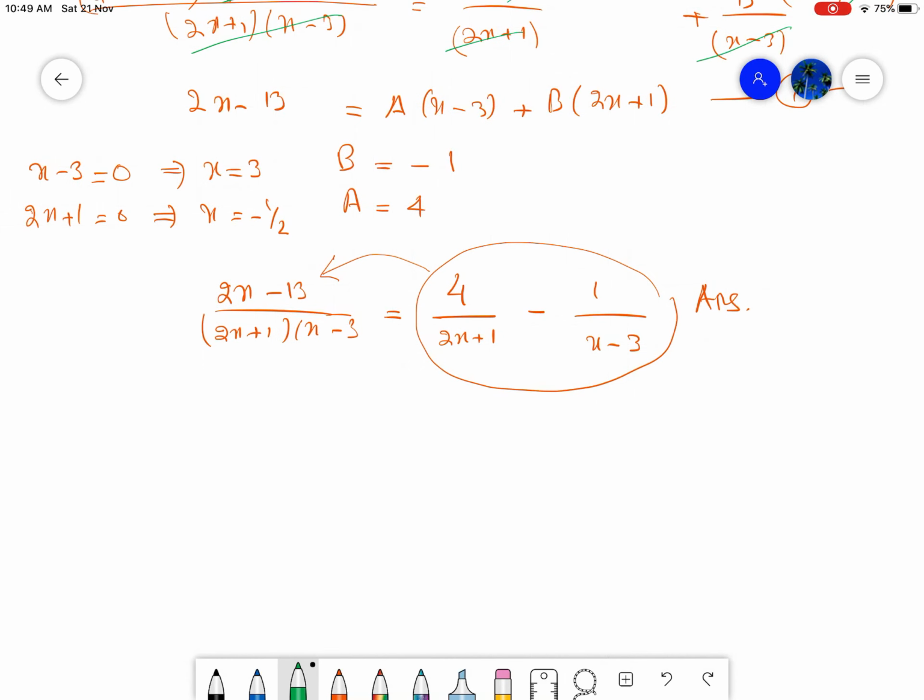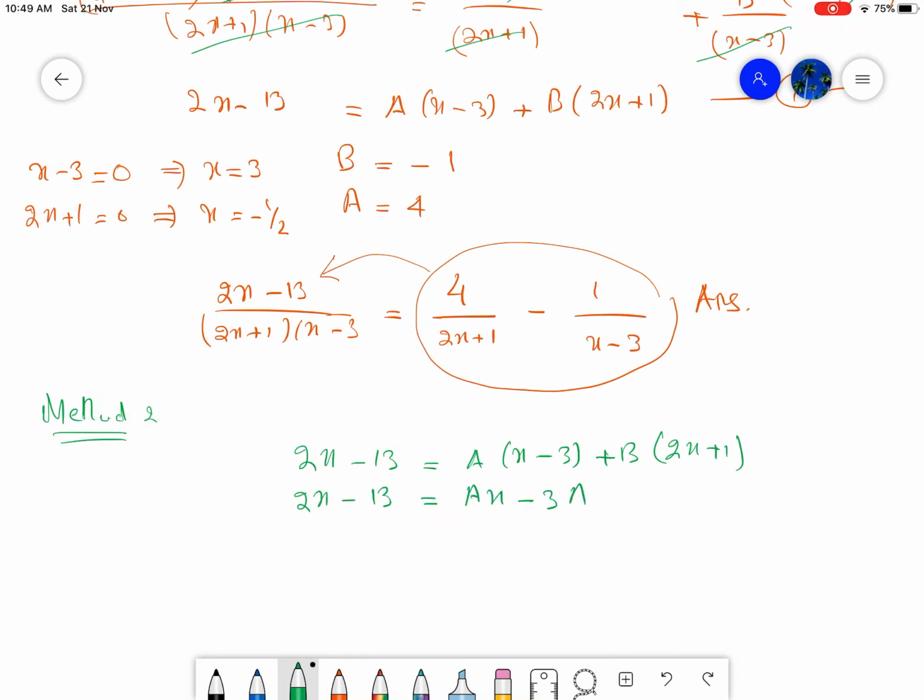Looking at this part, we can call it method 2. 2x minus 13 is equal to A(x minus 3) plus B(2x plus 1). Expand the brackets: this gives Ax minus 3A plus 2Bx plus B, and then collect the like terms, Ax and 2Bx, and the terms without x, minus 3A plus B.